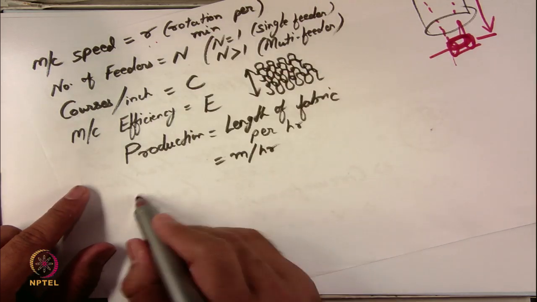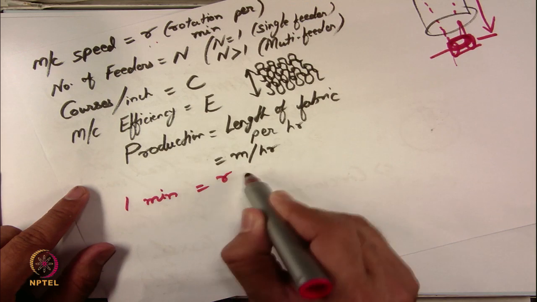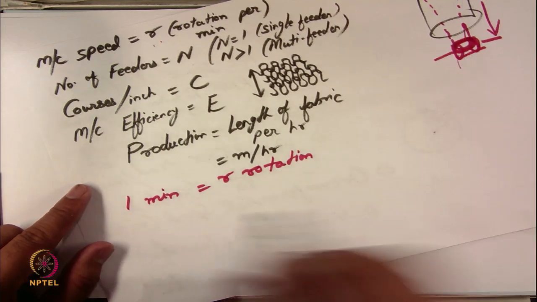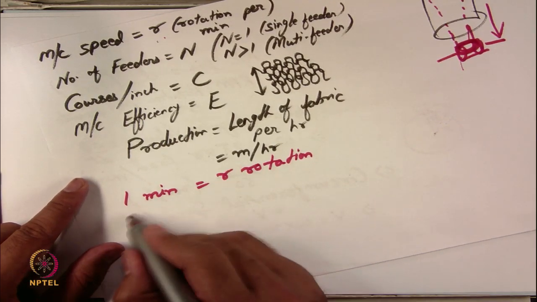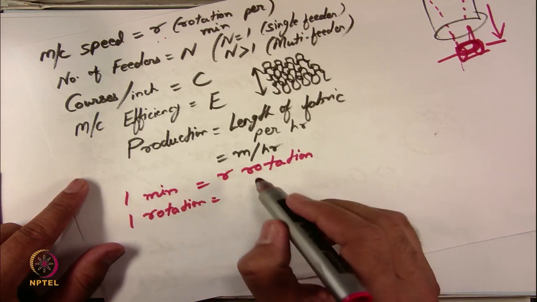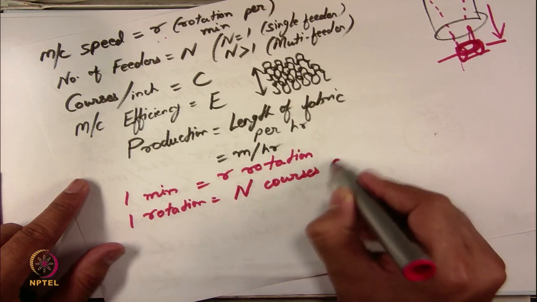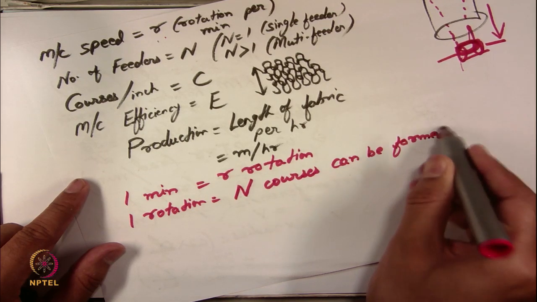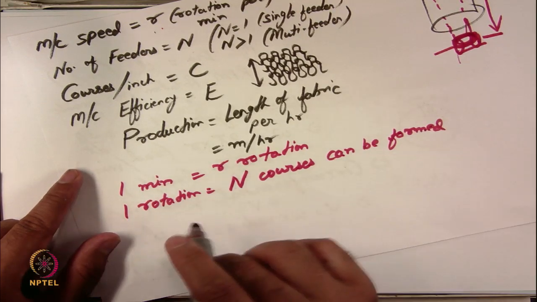So, in 1 minute r rotations are done by the machine. And we have seen in one rotation n courses can be formed.